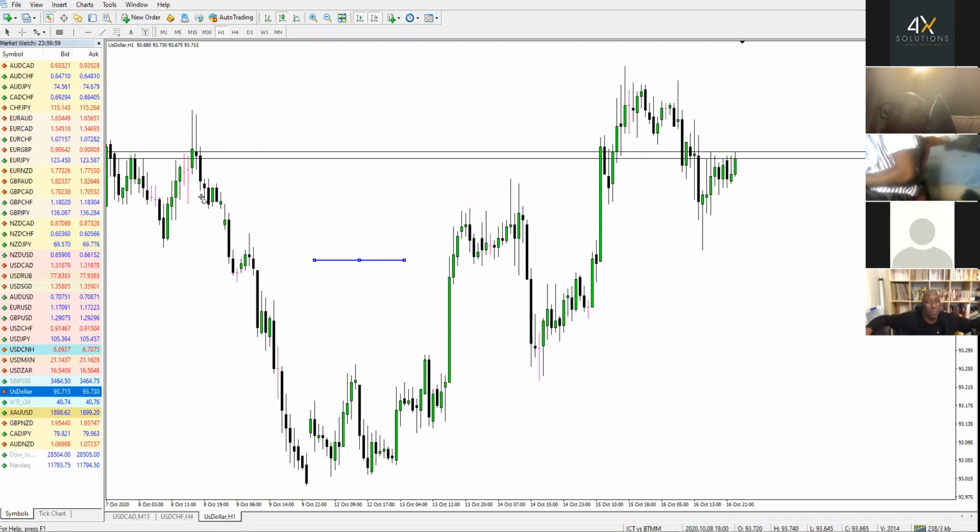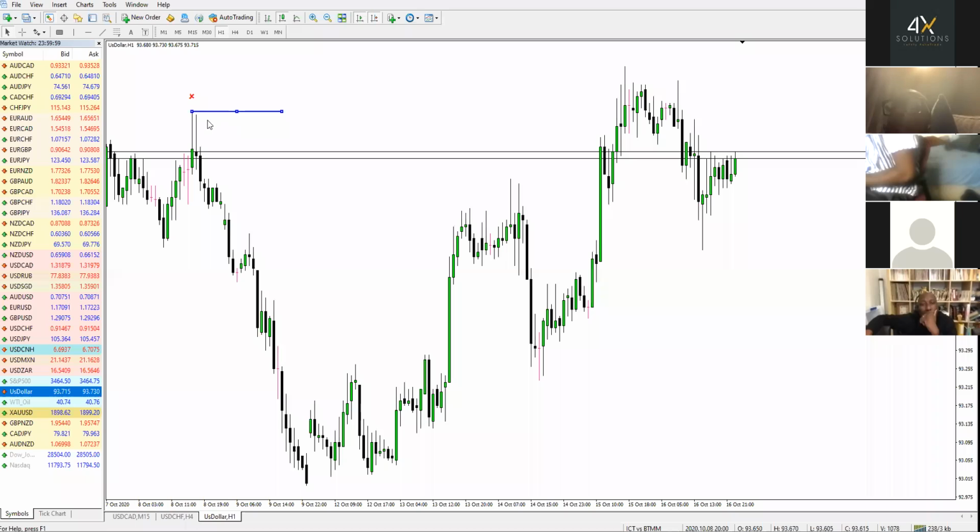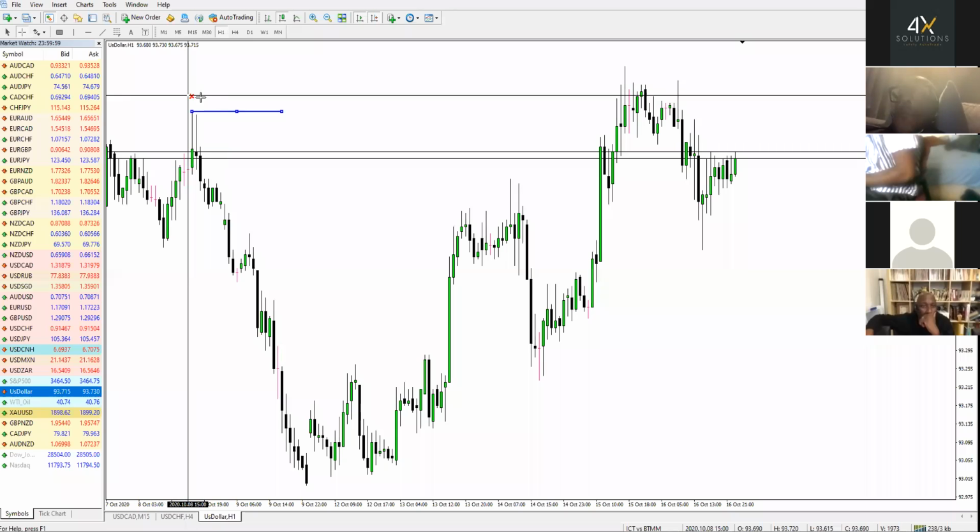So on this move to the downside over here, this is a swing high. So above a swing high of price lays liquidity. Why does liquidity lay there? Well, as price moves away from this swing high and starts to break lows, retail traders are told that you put your stop loss above a swing high.